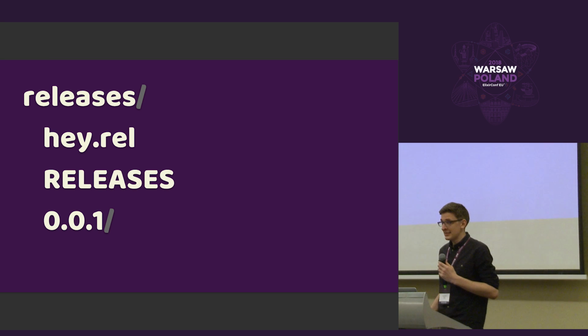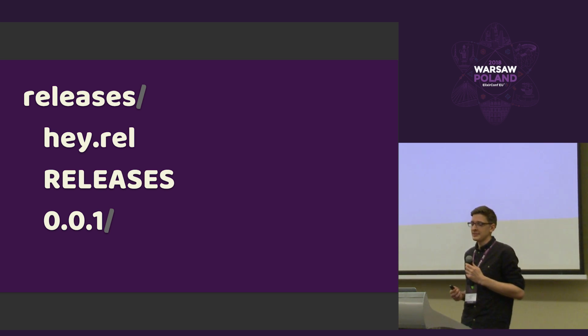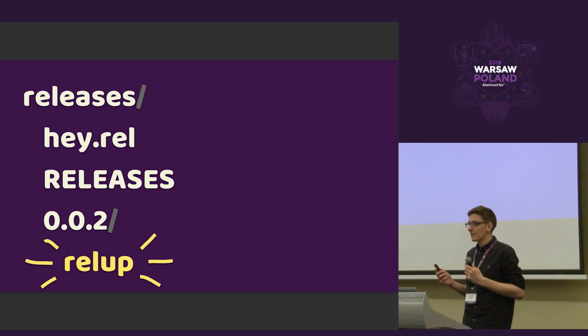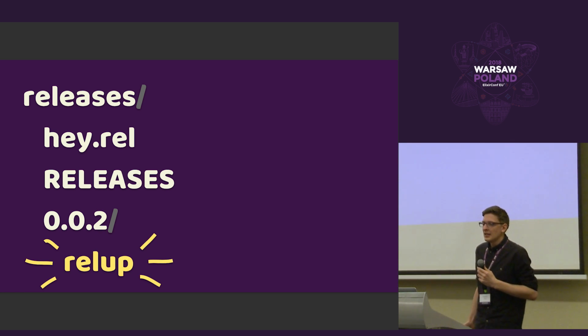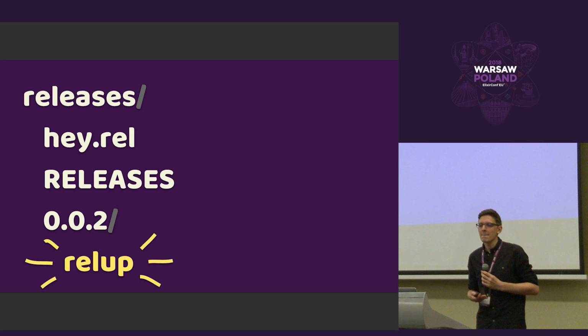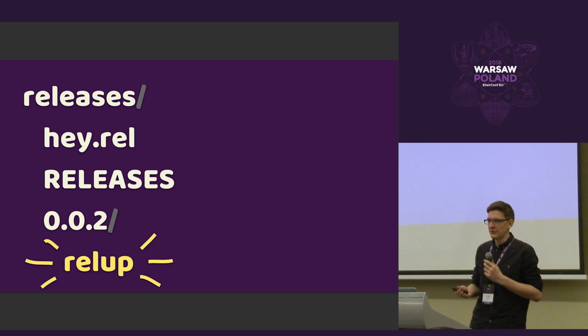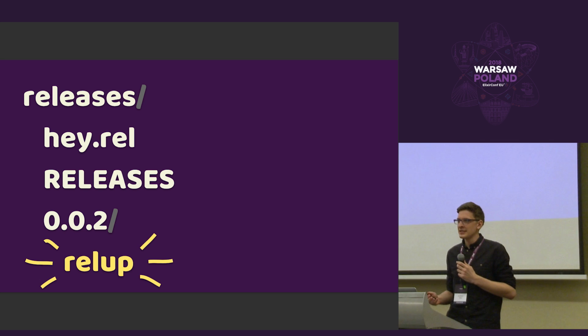Now it's time to look at a second version, which was built as an upgrade release. Let's look at it, see what's changed. So there's a relup file. That's short for release upgrade instructions file. And besides the version number, that's really the only change in structure between what I call a full initial release and an upgrade release.